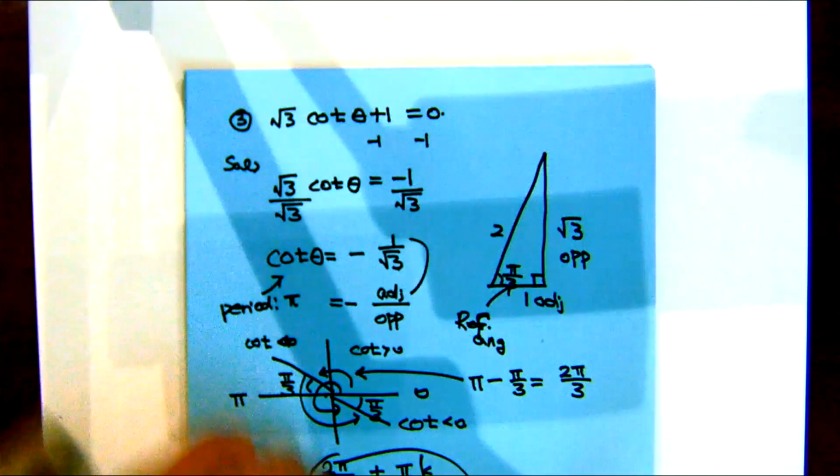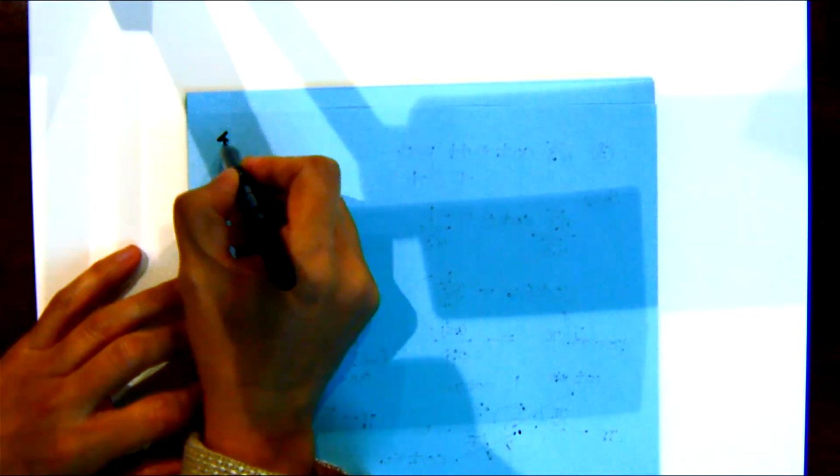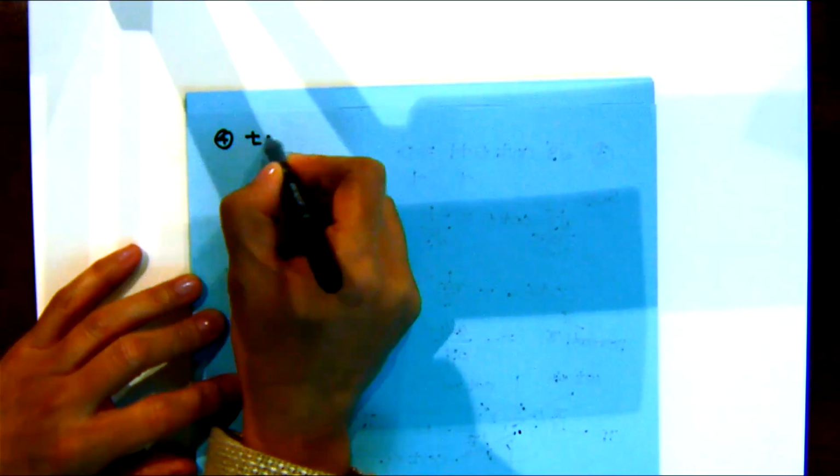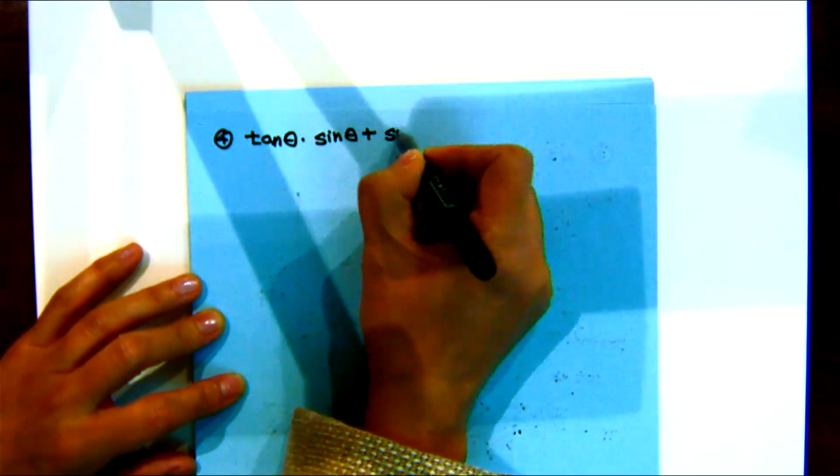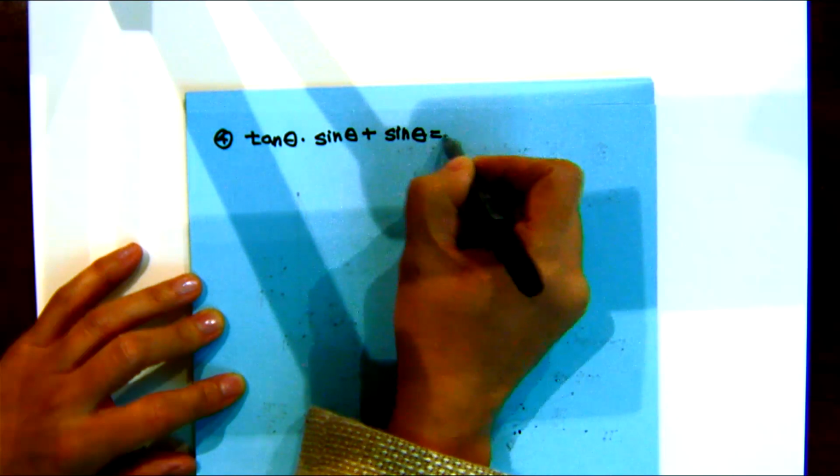Now we want to use factoring to solve the problem. The next problem is tangent of theta times sine of theta plus sine of theta equals 0.